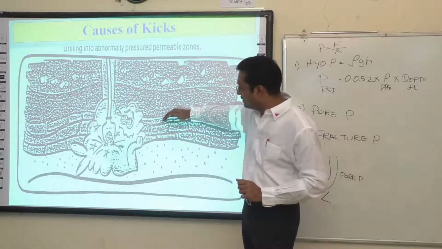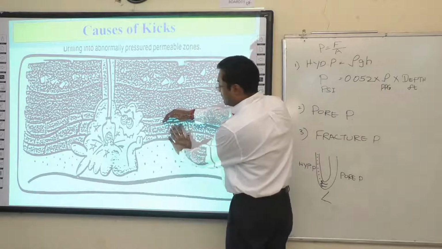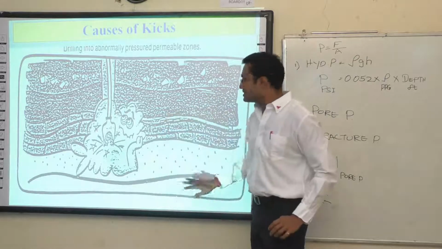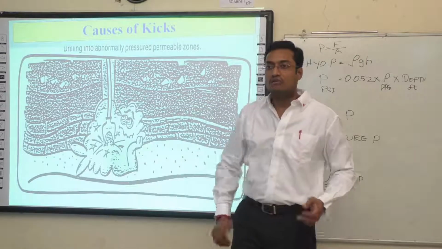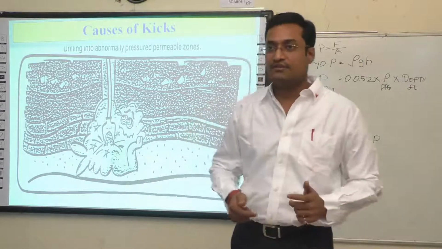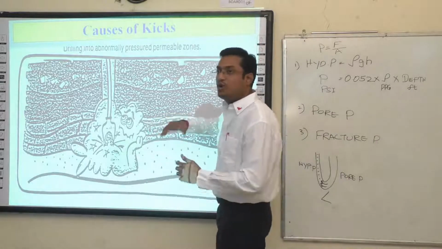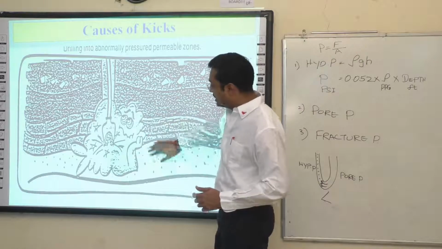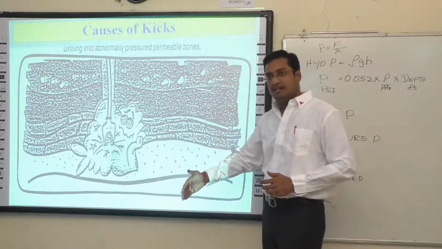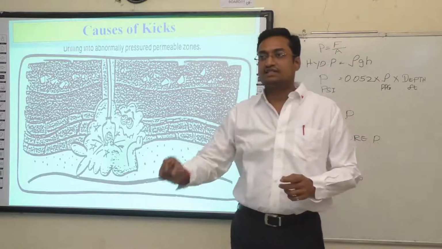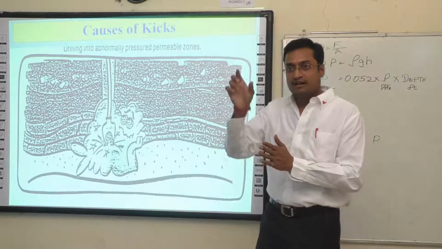Because it is trapped here, the formation which is giving out hydrocarbons will start acting at this place because it is getting accumulated. That is called the overpressured formation, overpressured zone, abnormally pressured zone.